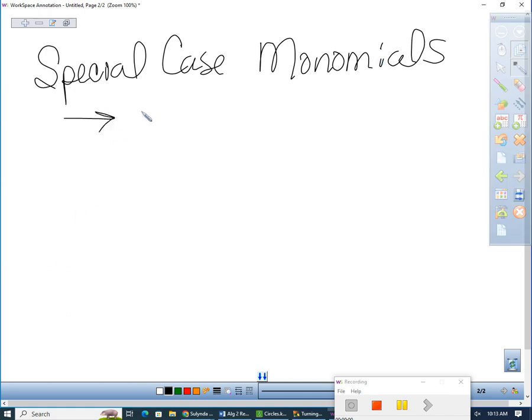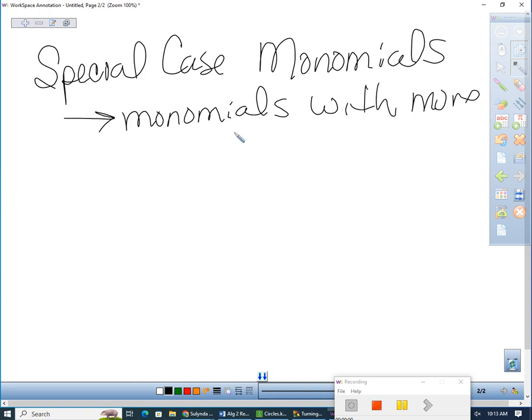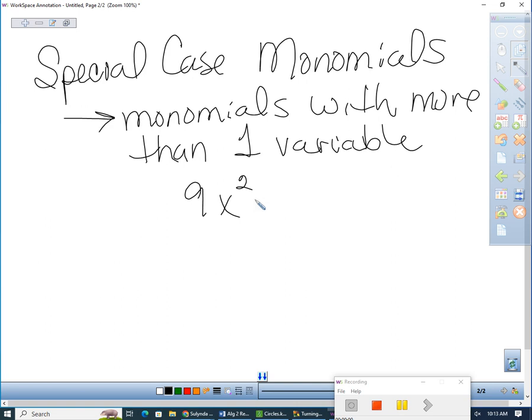Special case monomials are monomials with more than one variable. For example, maybe I have 9x squared y to the third. That's a monomial, but it's got more than one variable in it. So this is a special case.